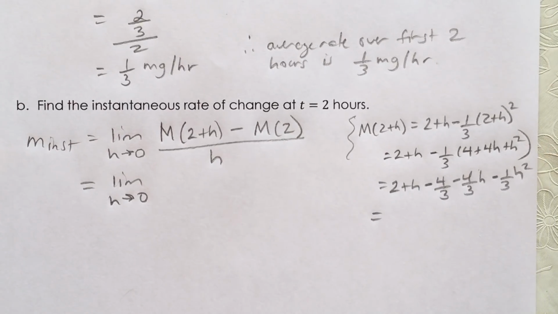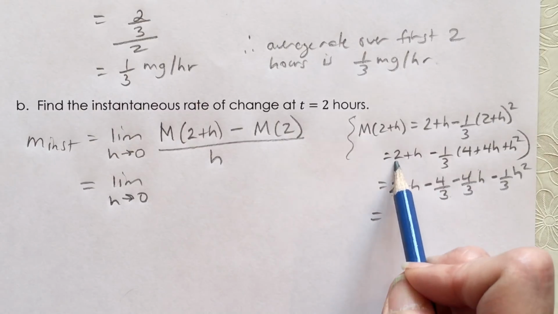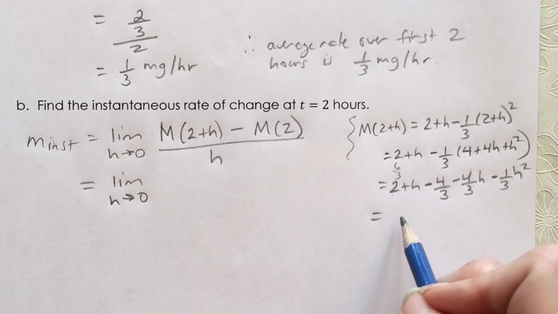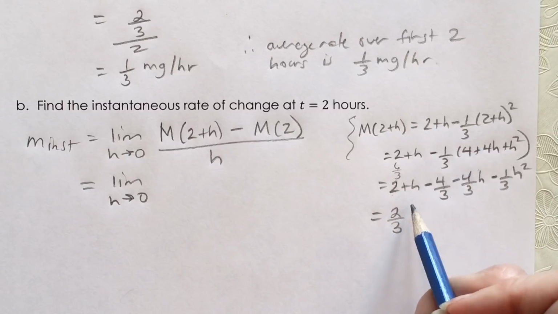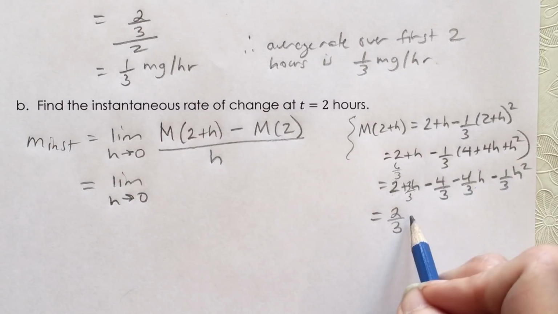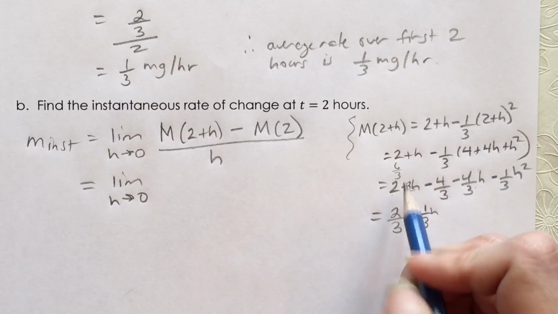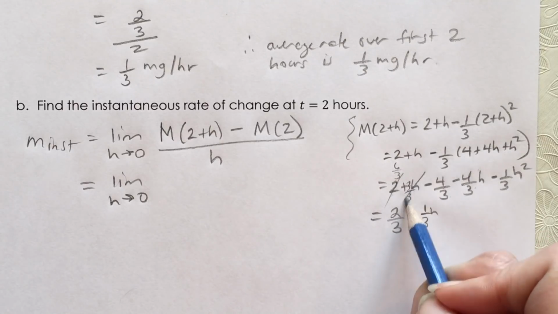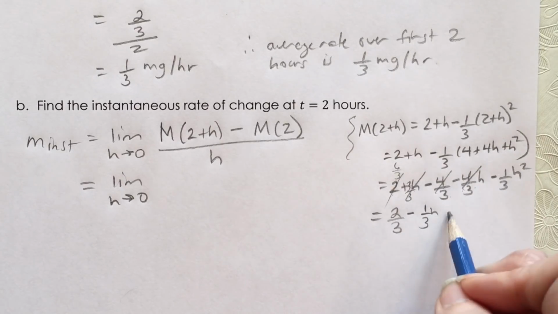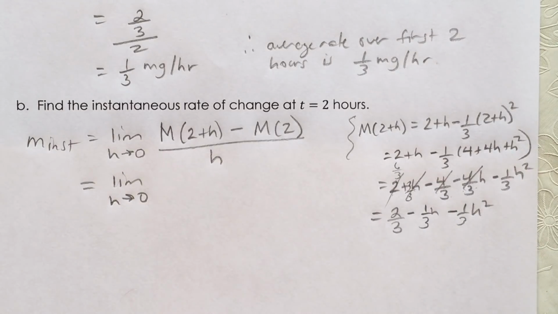Okay, so collect 2 minus 4/3. 2 is the same as 6/3 minus 4/3, which is 2/3. Then plus h minus 4/3 h, that's 3/3 h minus 4/3 h, which is minus 1/3 h, minus 1/3 h squared.